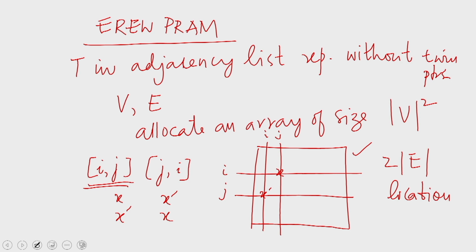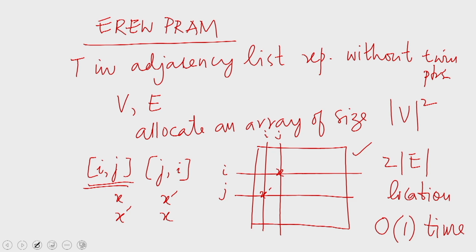For every edge we have two locations to be accessed. So, we end up using exactly twice as many locations in this array, and the time required for establishing the twin pointers is order of 1. So, as I said before, even if the twin pointers are not available, we can find them in order of 1 time on an EWP RAM with exactly as many processors as there are edges.